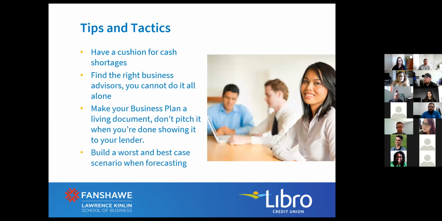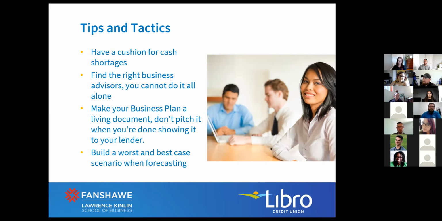Some of the tips on here, they're always things that you should have at the top of your mind. And I'm sure they're things that you work on with the LEAP program. But it's just something to think about on a regular basis, right? Having a cushion for cash shortages. It's nice to have some reserve funds. I know that's not always possible when you're starting a new business, but at the same time, you don't have to draw all the money out of the business.